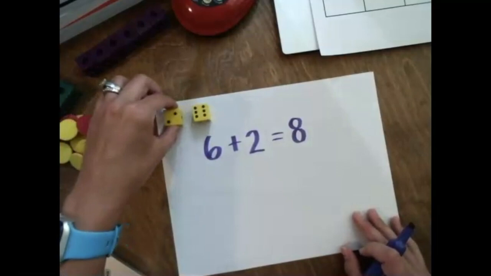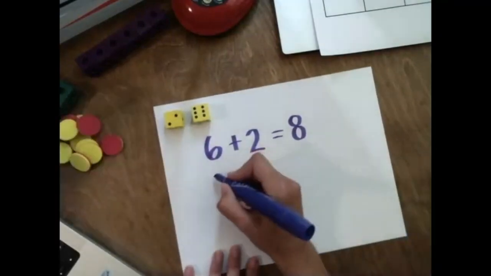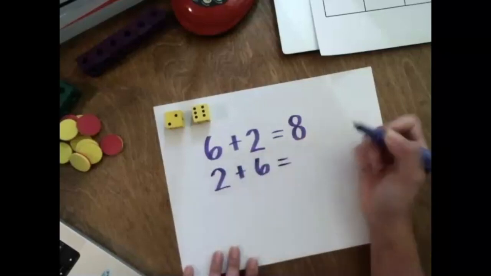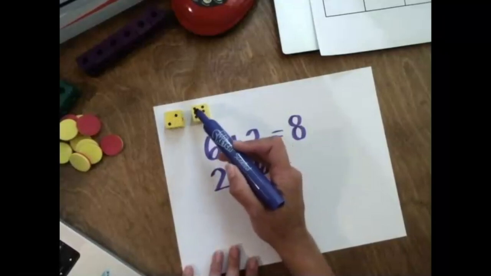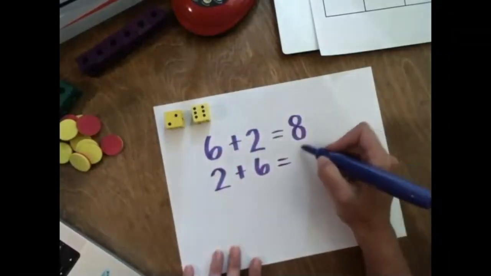Would it matter if I put the 2 first? Would I still get 8? Let's try it. So I can write 2 plus 6 equals 2, 3, 4, 5, 6, 7, 8. It still equals 8.